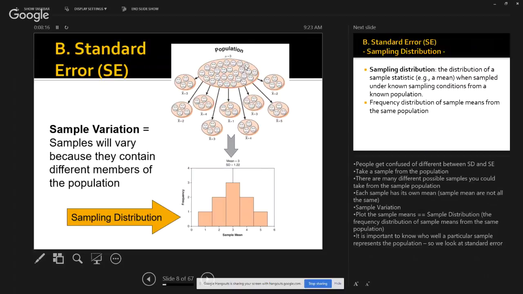And if you notice here, they're all from the same population, but they do not all have the same means, okay? One's 5, one's 4, we have a 3, whatever. So we then are plotting all of those different sample means, and when we plot that, we get a lovely sample distribution that looks like this.